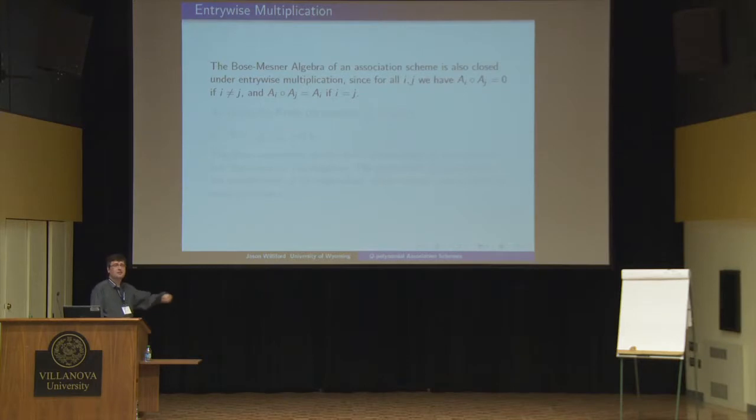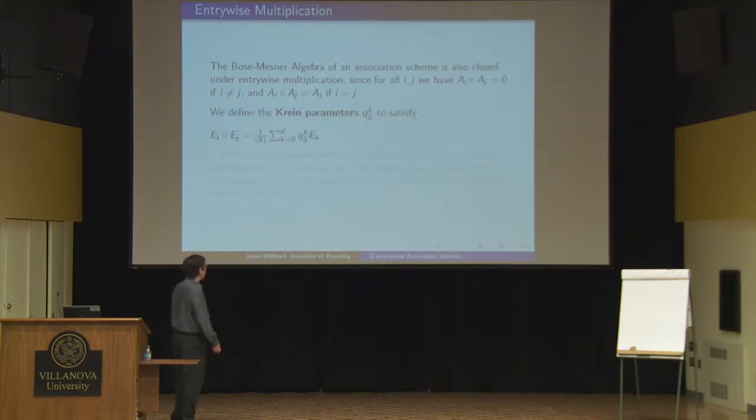So the basis is closed under this nice multiplication, so the whole algebra is. So we have a second multiplication on the Bose-Mesner algebra. And it's completely trivial for the AIs, so we can ask what happens when you do it with the EIs. And what we get is it has to be closed, so we get a second collection of structure constants. And these are called Krein parameters.